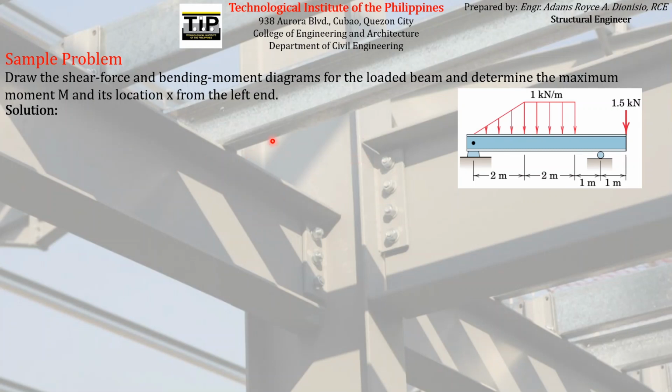So, in order for us to draw the shear and bending moment diagram of the sample problem, we will now establish a very easy procedure to follow on drawing shear force and bending moment diagrams.